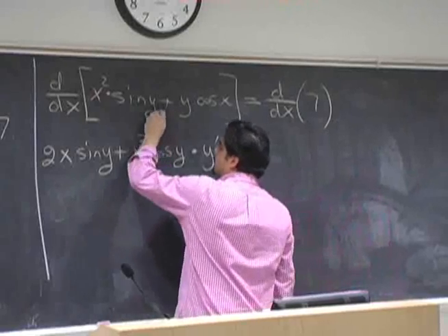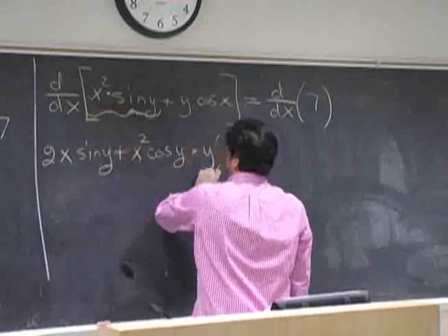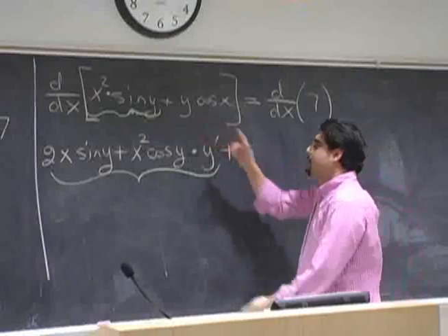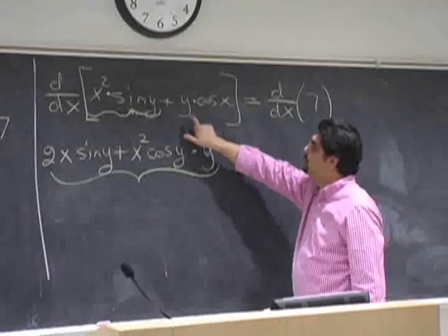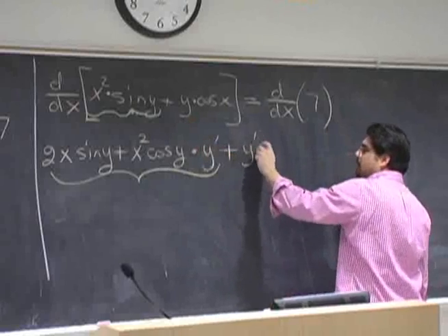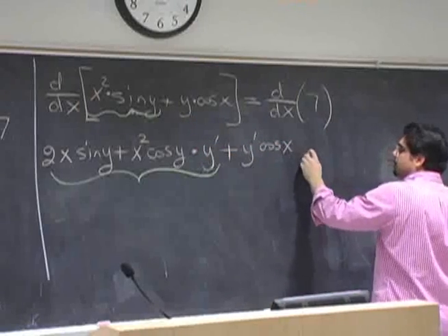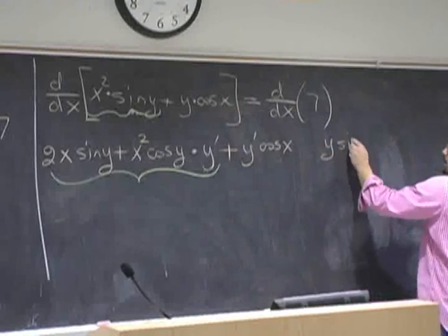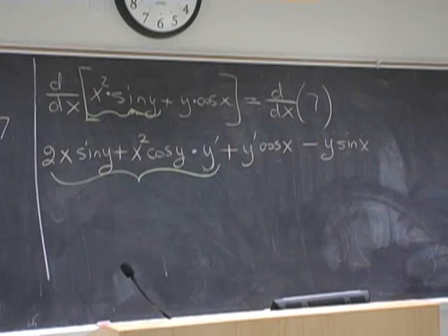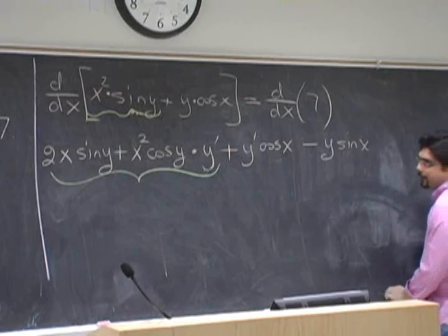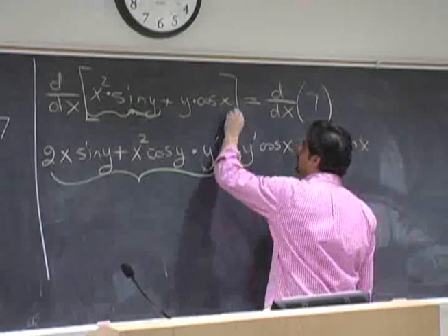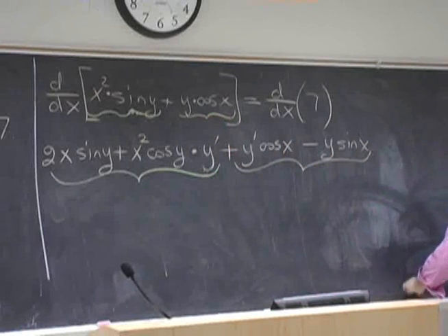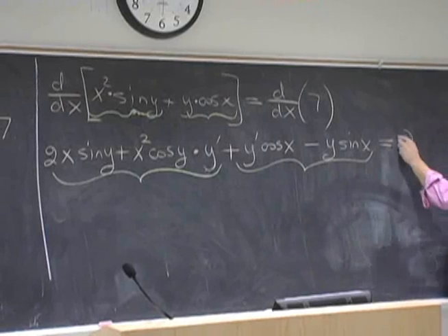That's the derivative of the first term, plus the second term also happens to be a product. The derivative of the first, keeping the second the same, plus keeping the first the same times the derivative of the second, which is negative sine x. I should put the negative here. Okay? And that's the derivative of this. Okay, equals the derivative of 7, 0.